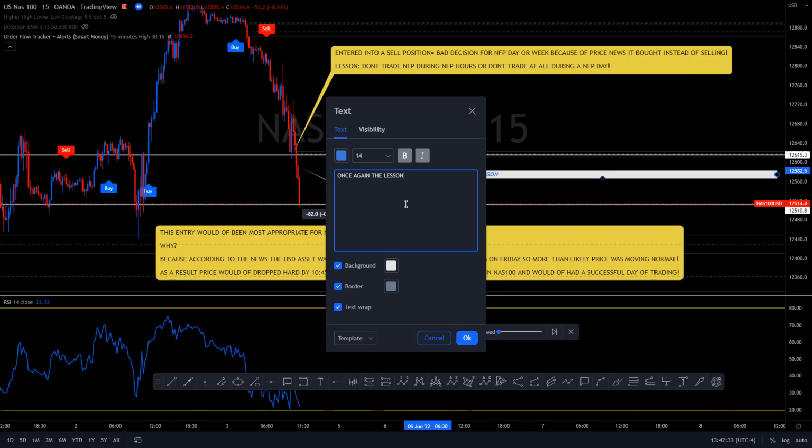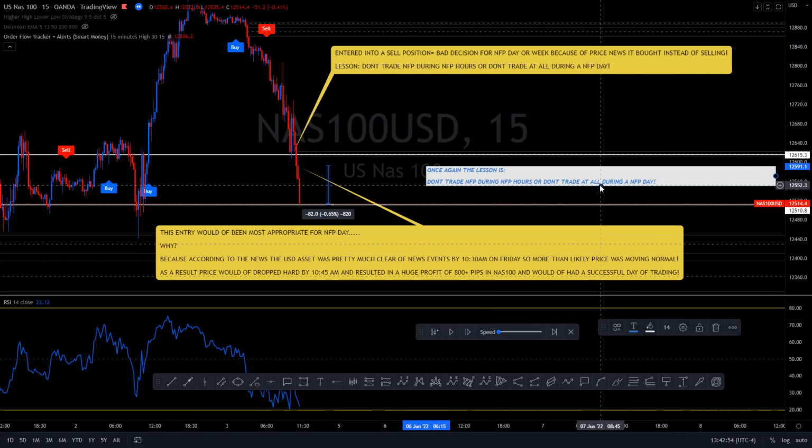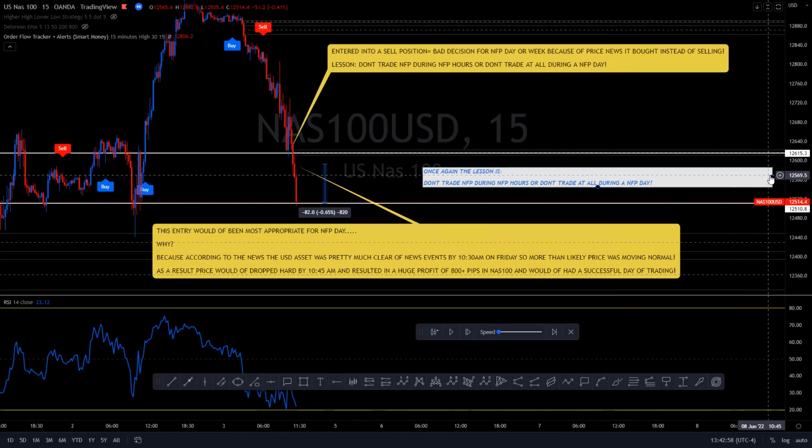The lesson is: don't trade NFP during NFP hours, or don't trade at all during the NFP day. That's what we can learn from this. That way we don't get ourselves caught in a trade that puts us in a huge drawdown, and then we have to jump out.